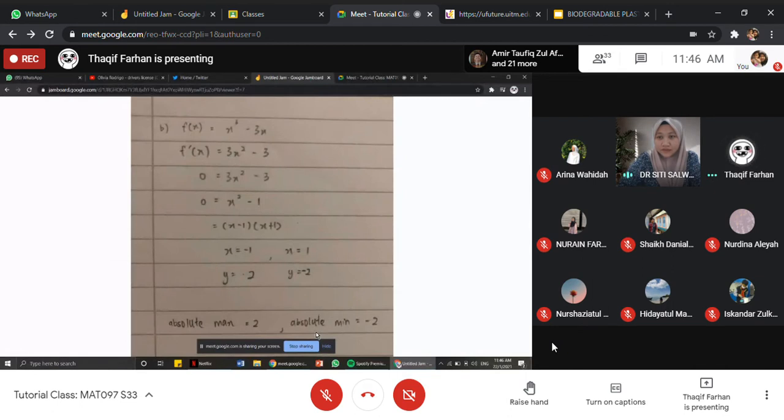So you just kira f of 0 and f of 1. Okay, boleh tak? Clear eh? You kira f of 0, you akan dapat 0. Okay. f of 1, you akan dapat -2. Okay, boleh ke? So absolute maximum dia 0 lah. Absolute minimum dia -2. Yes, maximum 0, minimum -2. Okay.